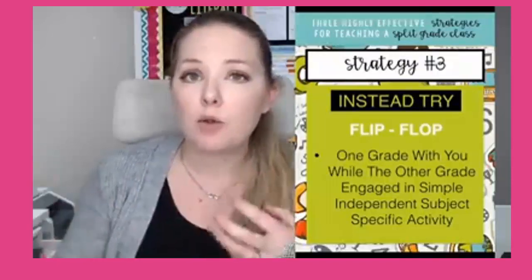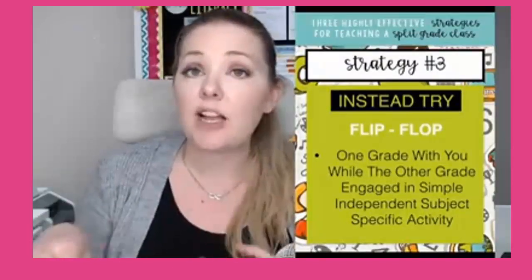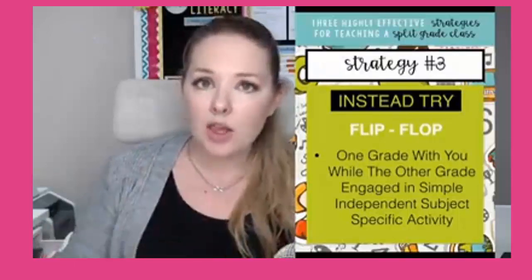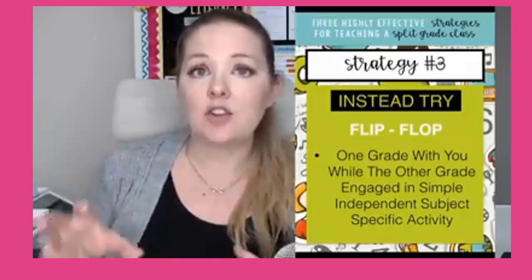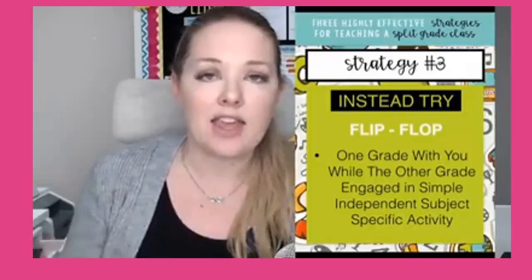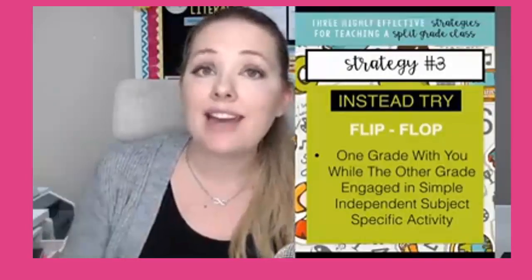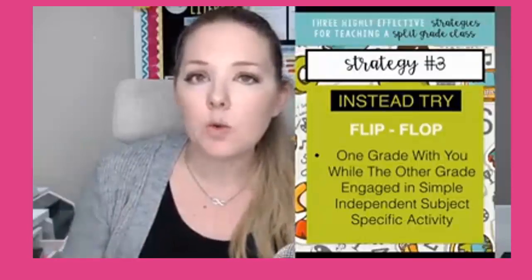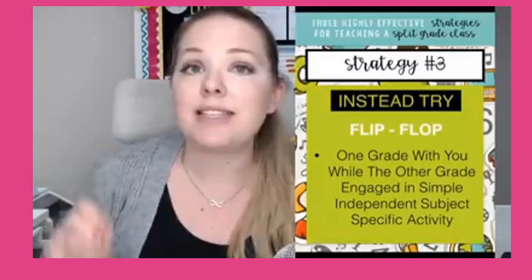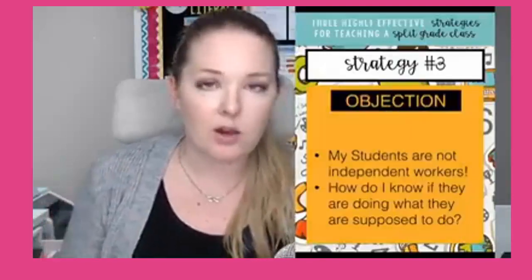Both grades are still very much engaged in subject-specific learning, but one grade is with you and the other grade is engaged in an independent activity that they can do without your support, which often means this other independent activity needs to be actually at their independent level. It needs to be simple enough and something that they're familiar with.